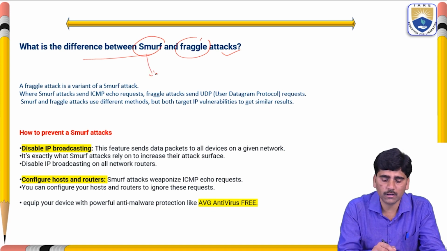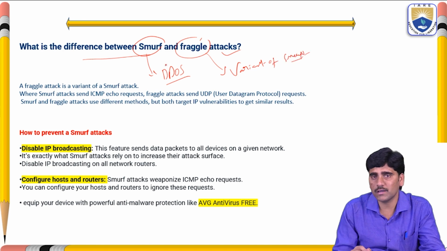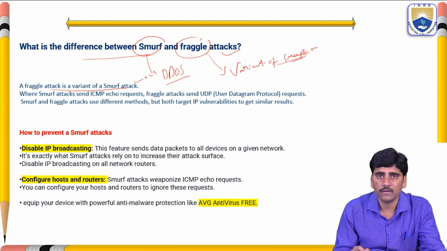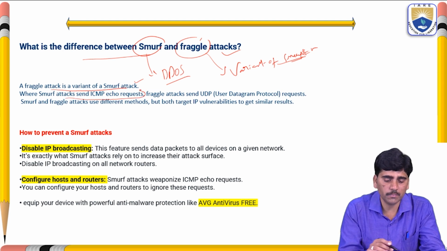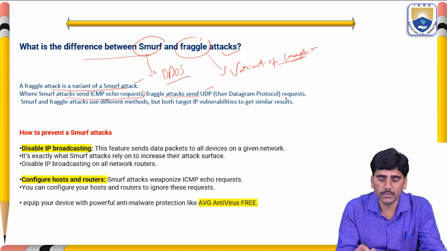But Smurf attacks are a type of DDoS attack, while Fraggle attacks are a variant of the Smurf attack, where Smurf attacks send ICMP echo requests, but Fraggle attacks send UDP requests.